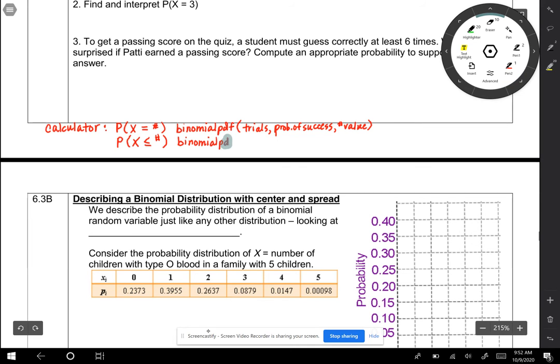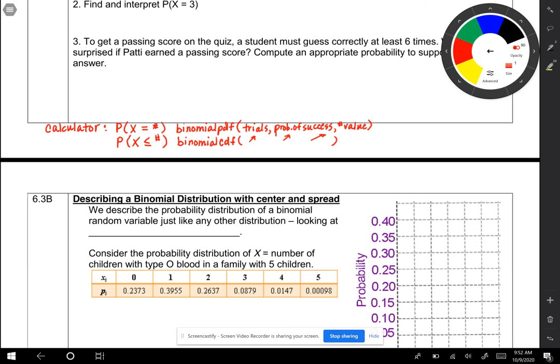So this time you would choose the Binomial CDF, the cumulative distribution, and then you would use the same stuff here. And it will give you the answer.